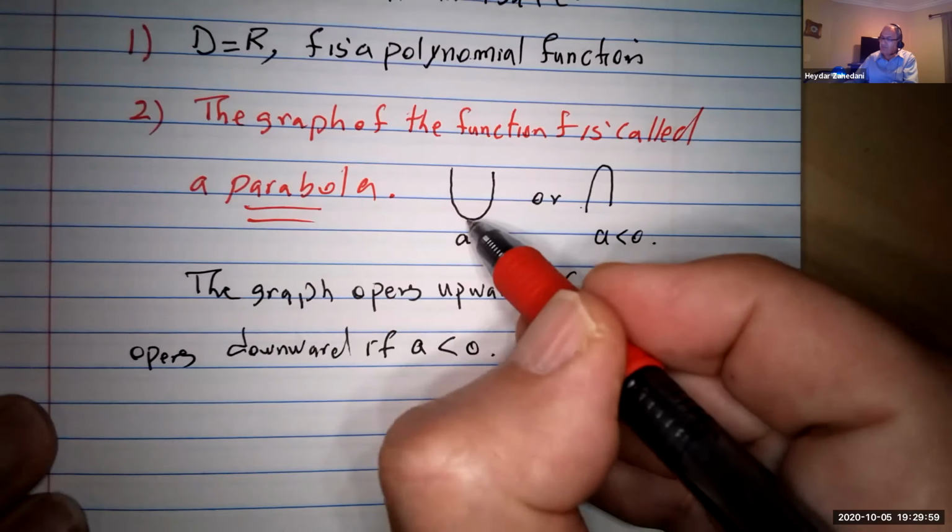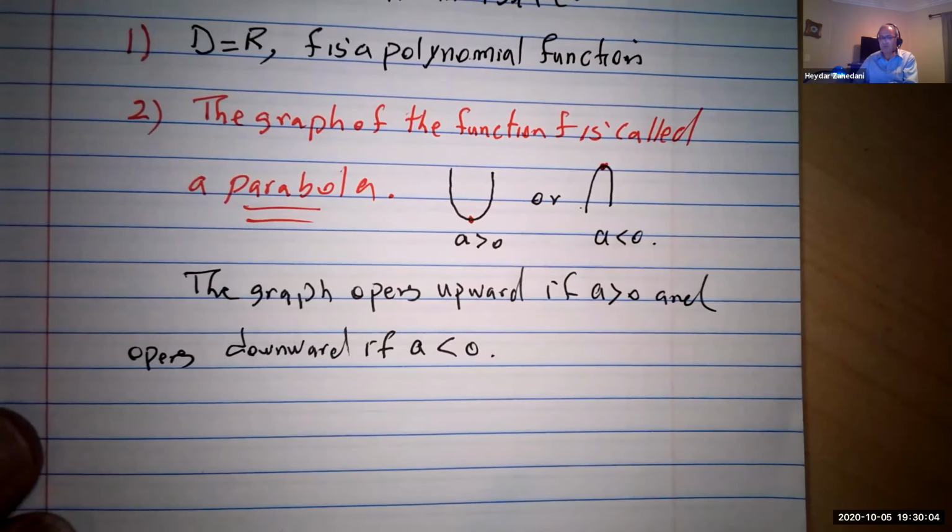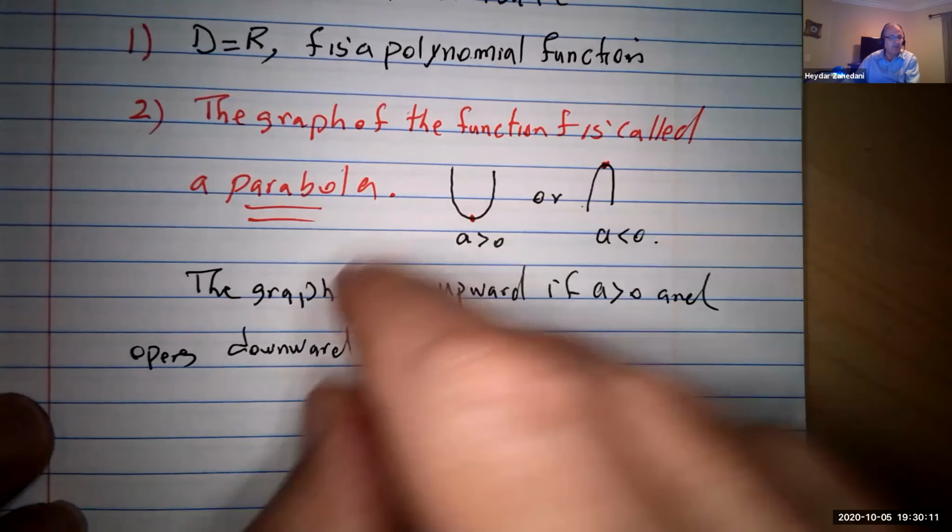Now, this graph would have a lowest point or a peak point. This lowest point or the peak point is going to be called the vertex.